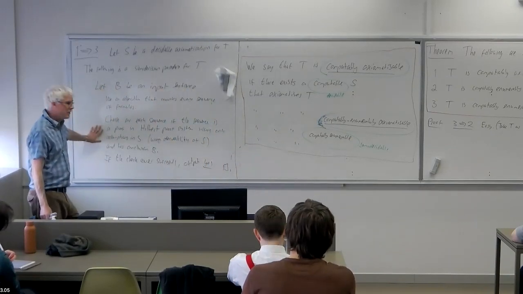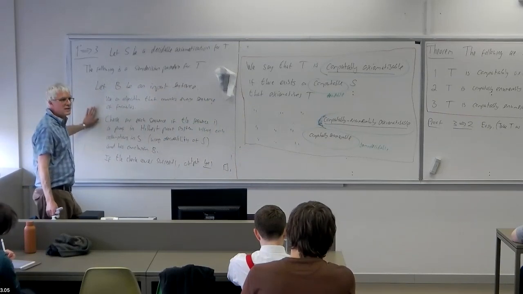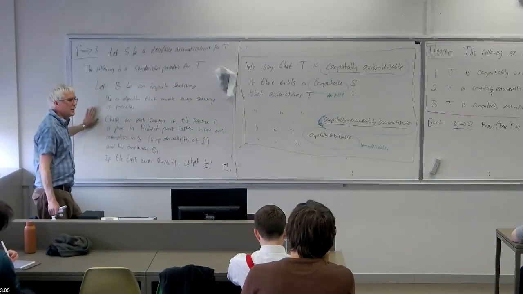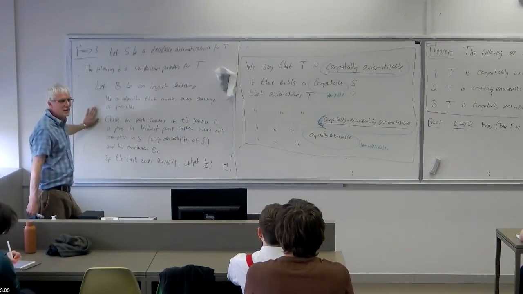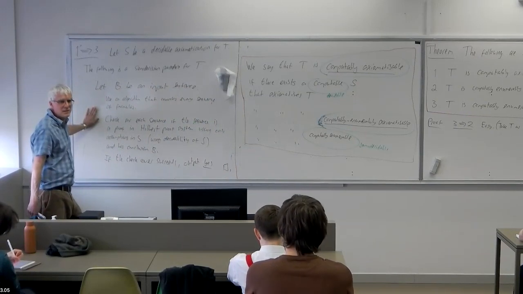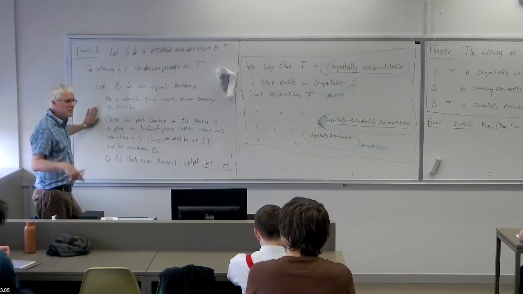You could actually consider a practical version of this. We've got the axioms for Zermelo-Fraenkel set theory with choice, a decidable set of axioms in a signature that only has membership.